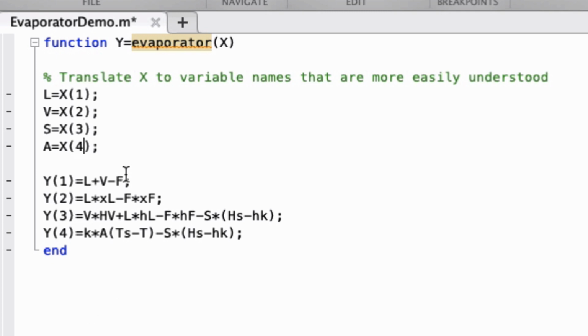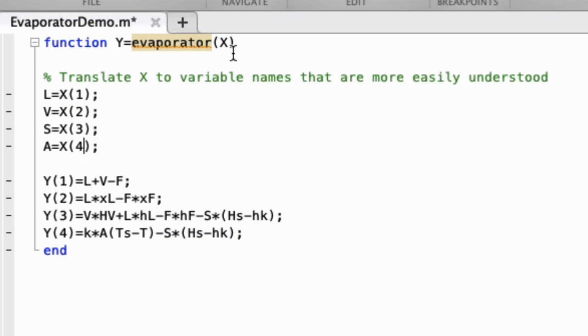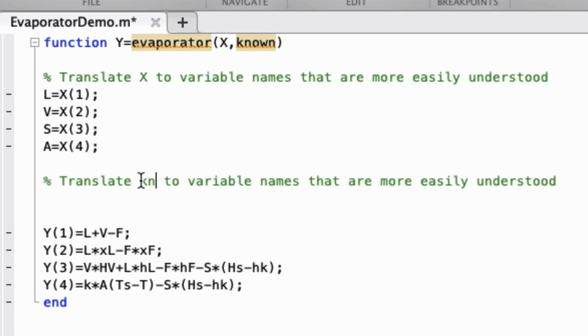So now we have L, V and F, but what about the other guys? We have XL and XF here. Well, for this to be a solvable system, we have to know these. So how to deal with this? Well, why not put in a new vector here, known, where we put everything that we know. So we translate the known parameters to variable names that are more easily understood.